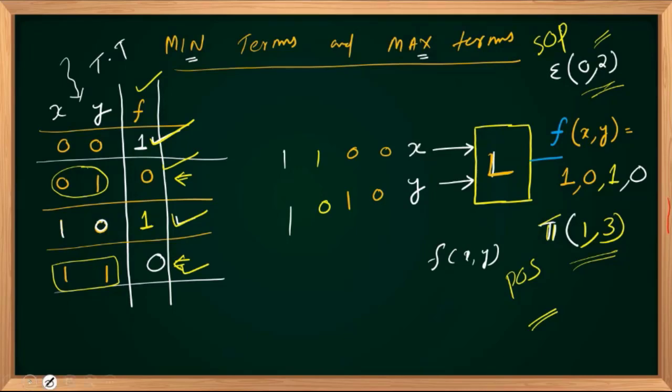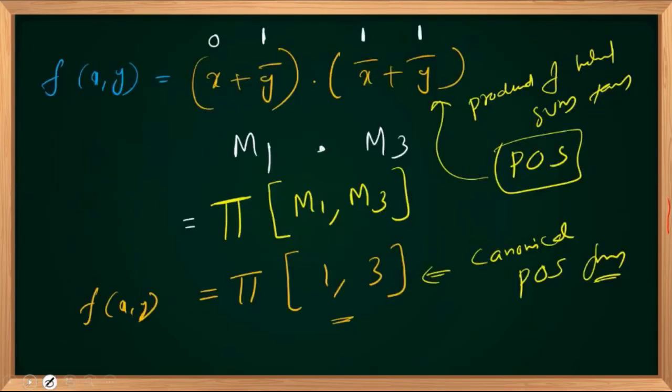Okay, is that clear? Representation of a function using min and max terms. Okay, that is the basics of digital electronics, min and max terms. Please keep in mind that any Boolean function, any number of variables, doesn't matter, can be expressed two different ways, by using min terms or by using max terms.